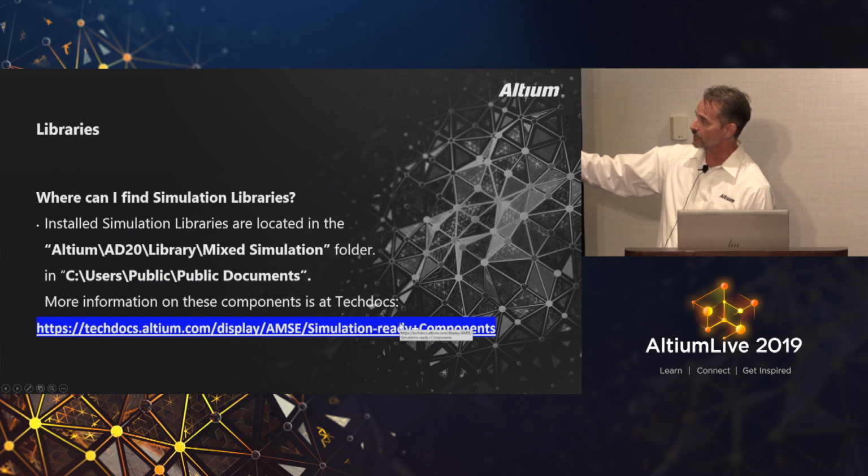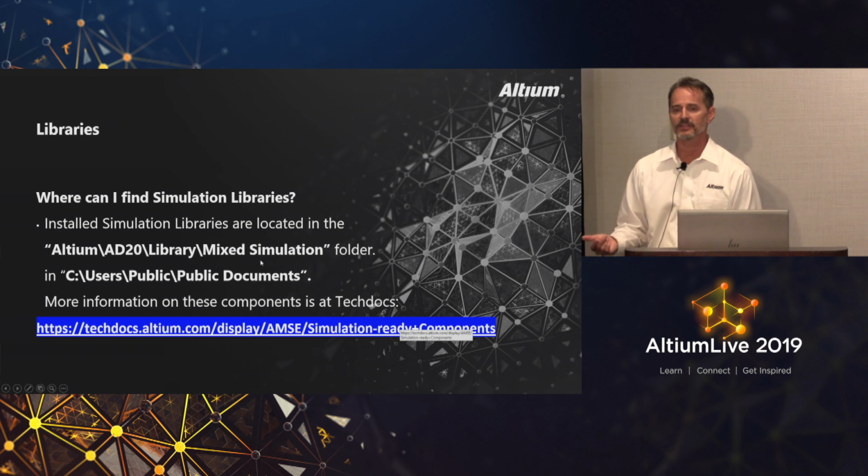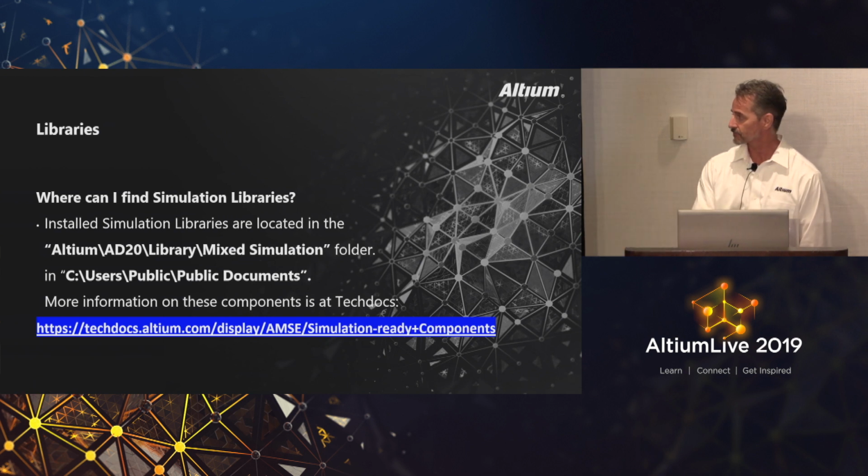And so in there, you'll have your library. It'll be under the mixed simulation folder under library. And so you'll have your simulation, your transmission line. There's an ABM folder. So you get these extra folders under this. So this will be like Altium's 18 or 19.